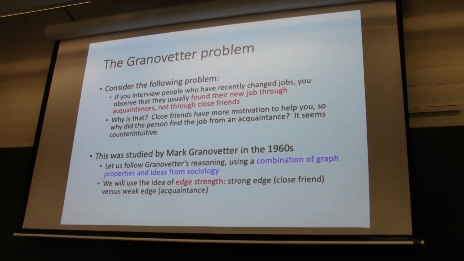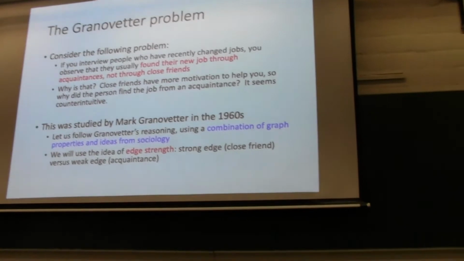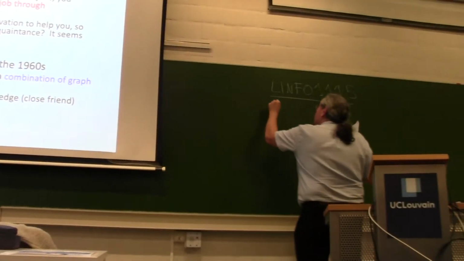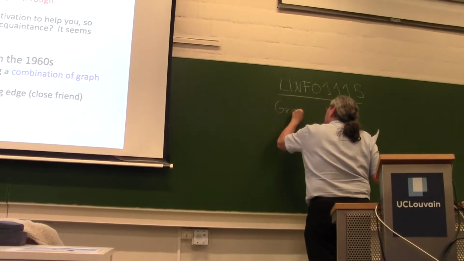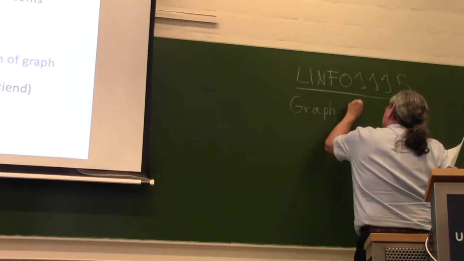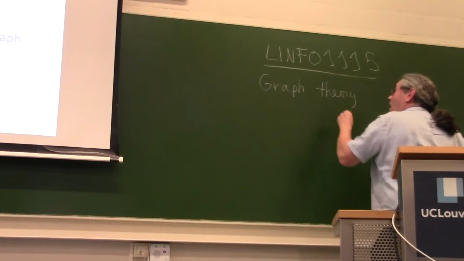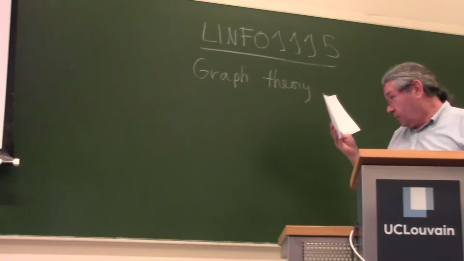Let me first make a small summary of what we're going to see today. Today we're going to keep talking about graph theory, so how graphs let us understand social networks.